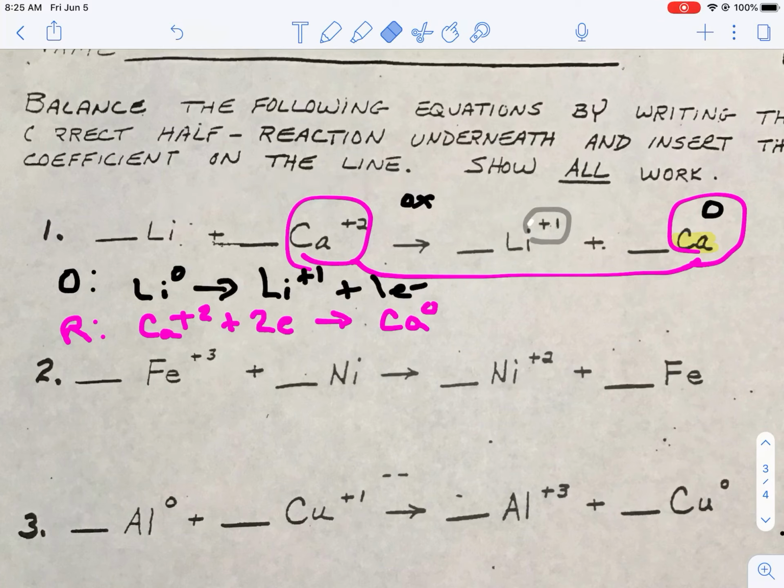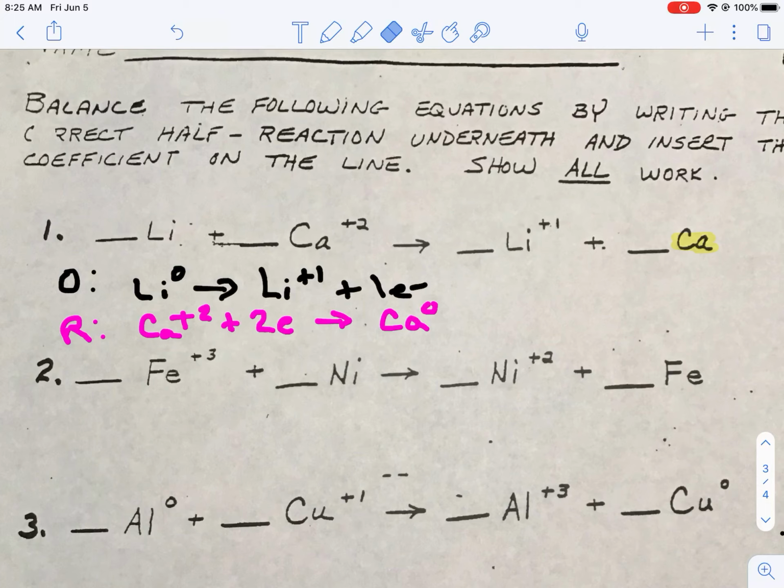To recap, what I basically did was I first saw what underwent change, what went up, what went down, and I pulled out only the components that went up. And if you take a look at my reaction here, I'm only looking at lithium. I did not put anything else in the equation other than lithium, because lithium is the species that went up, calcium is the species that went down.